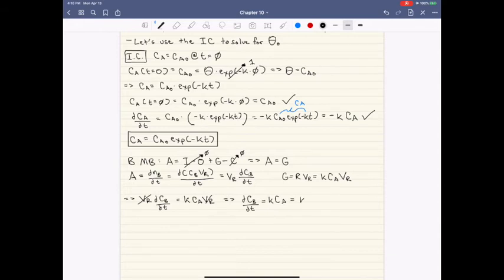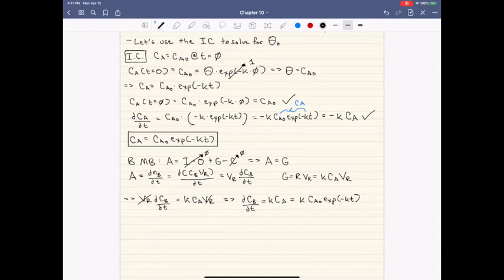So we have our K here, and what we derived for Ca was that Ca was equal to Ca naught times the exponential of negative Kt. And by doing that, we reduce the number of unknowns that we have. Alright, and so at this point, our goal is to derive an equation that describes the concentration of B as a function of time.